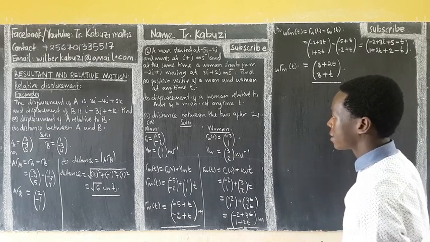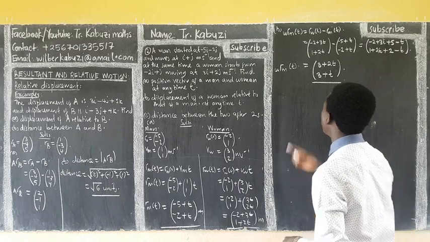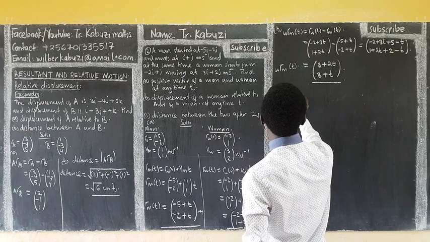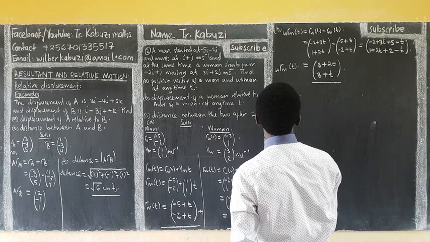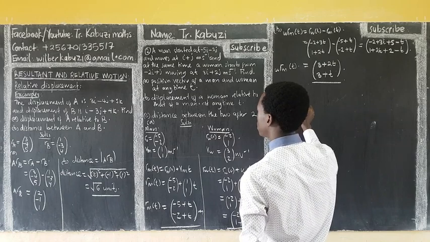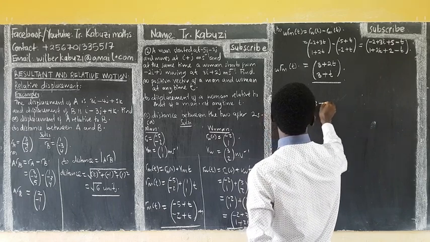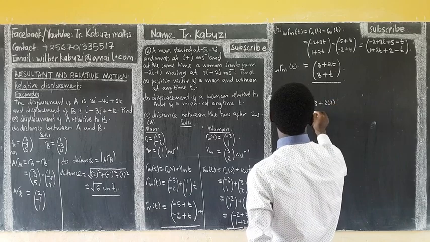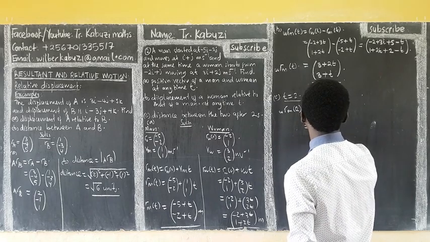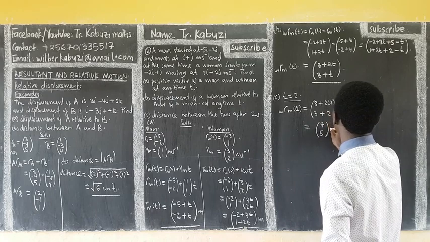Then from there they're asking us to find the distance between the two after 2 seconds. So we need the displacement after 2 seconds. So, part C, when t is 2, come and substitute there. After 2 seconds, we are going to be having 3 plus 2 into 2, then 3 plus 2. And this will give us 7, 5 meters.